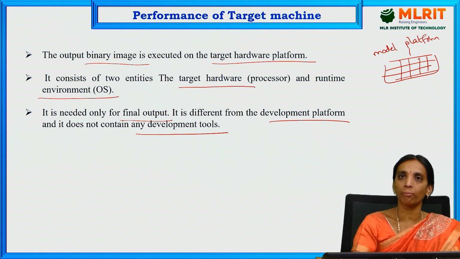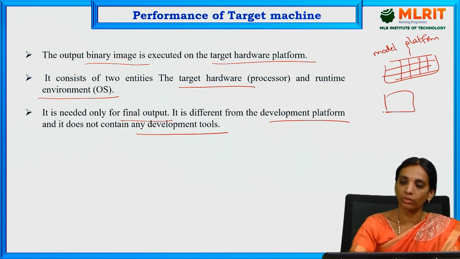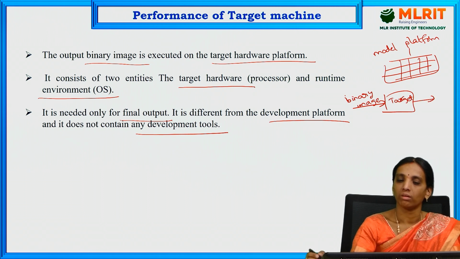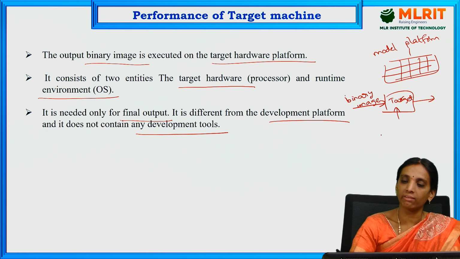After completion of the development process, the binary image which is created by the host machine is given to the target processor. There are no development tools and no software tools in the target machine.